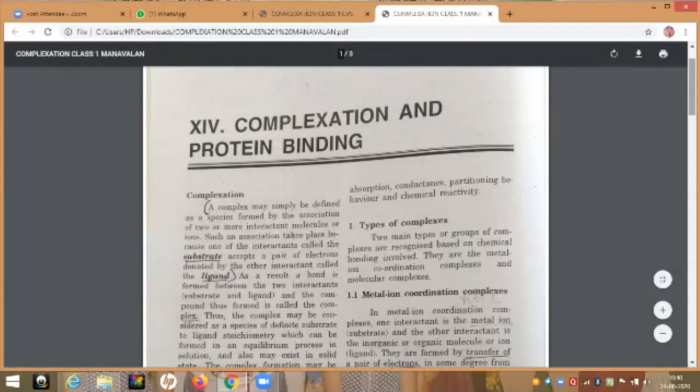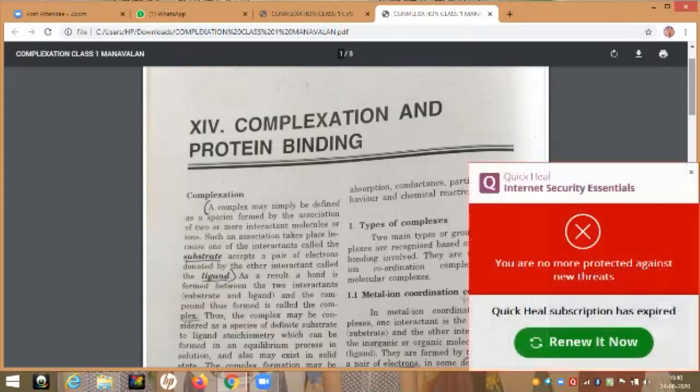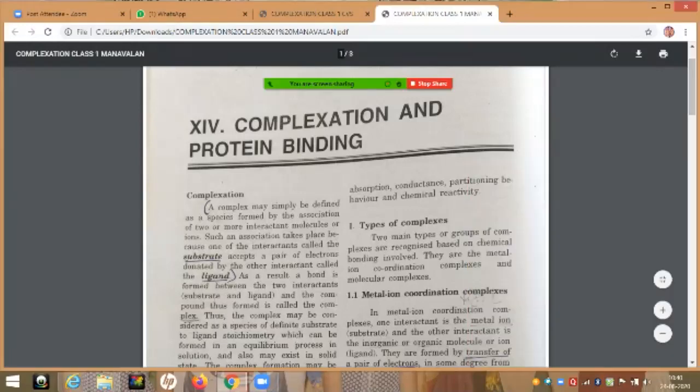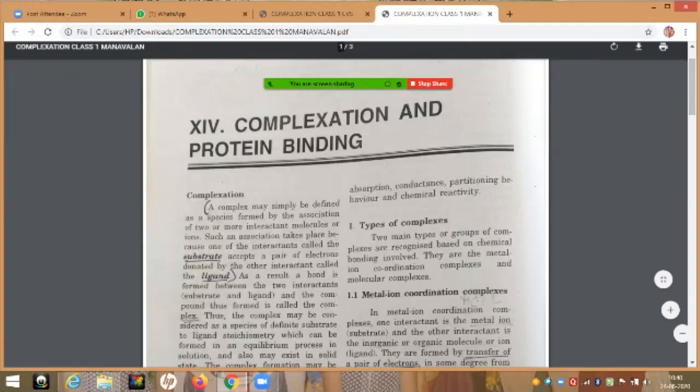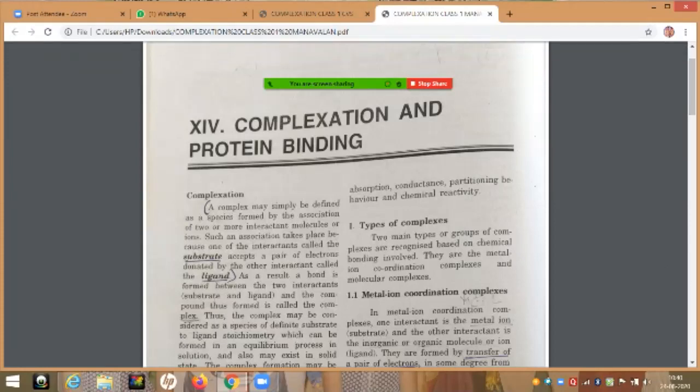Now, such an association takes place because one of the interactants... Now, your question would be, why do they interact, or what makes them interact? And here the answer is that it is because one of the interactants, for example, A and B, has a tendency to accept a pair of electrons from the other interactant.